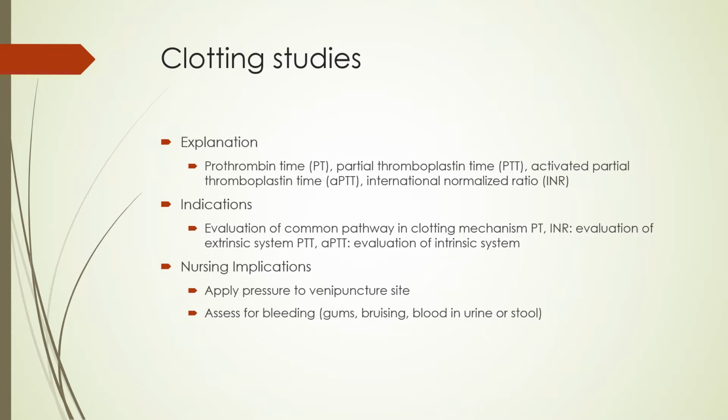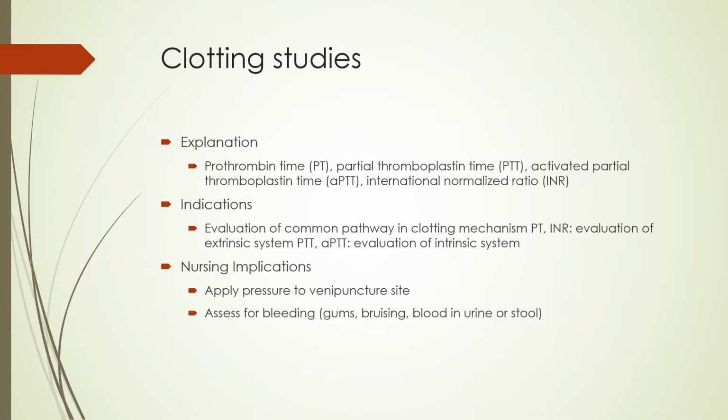So that would be more common in that particular area. Prothrombin time, partial thromboplastin time, activated partial thromboplastin time, and international normalized ratio. PT, PTT, APTT, and INR is what you'll usually hear them called.